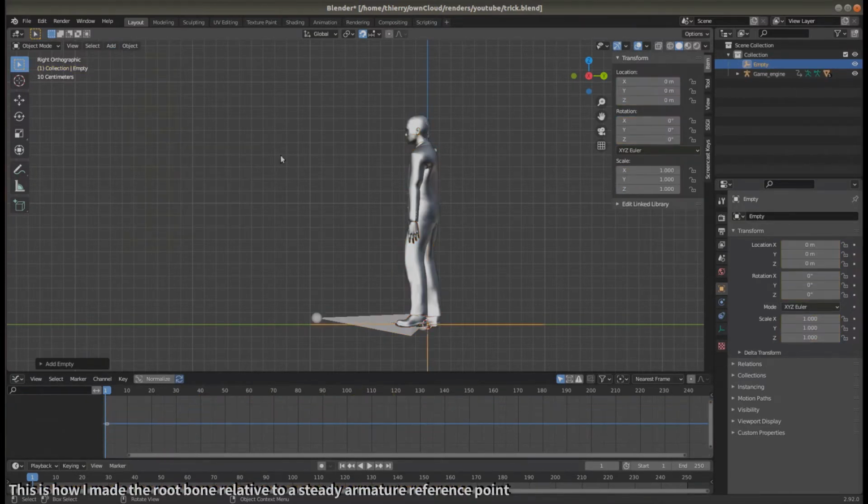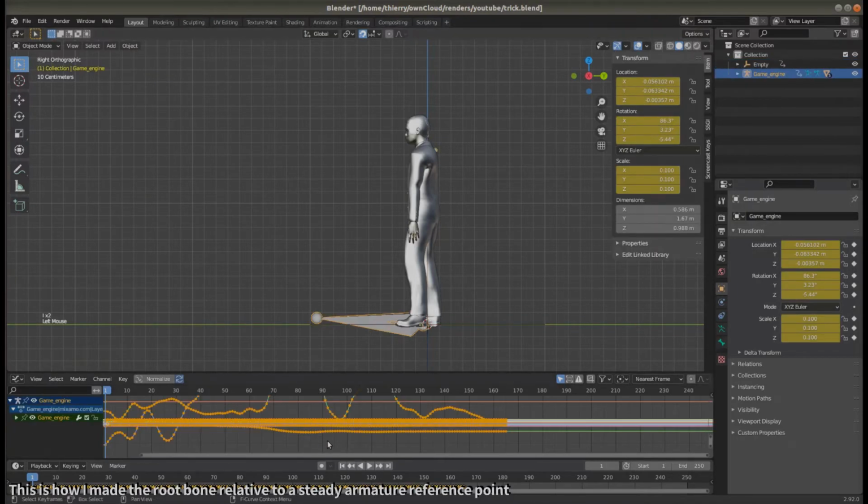This is how I made the root bone relative to a steady armature reference point.